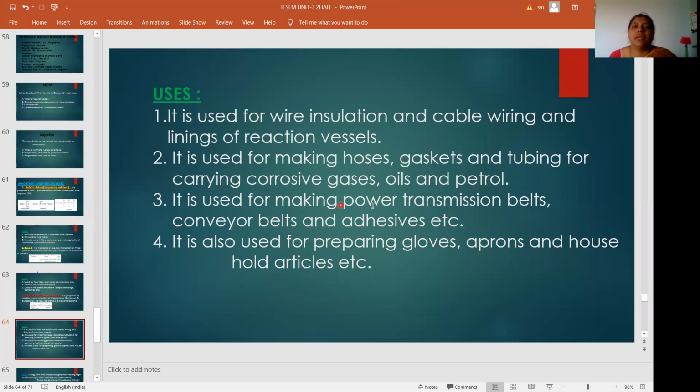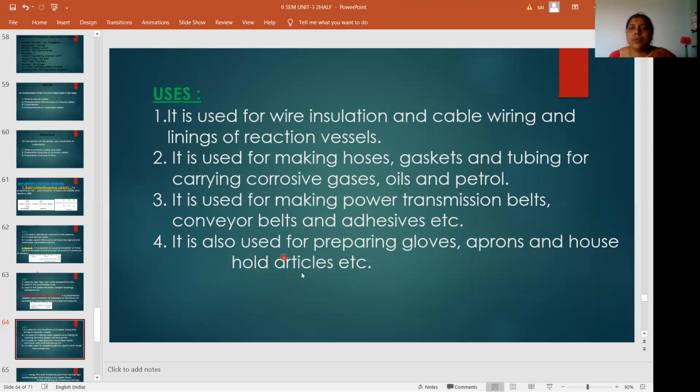And it is used for making power transmission belts, and conveyor belts, as you see in airports for carrying goods, and adhesives for sticking purposes. It is also used for preparing gloves, hand gloves, aprons, and household articles.